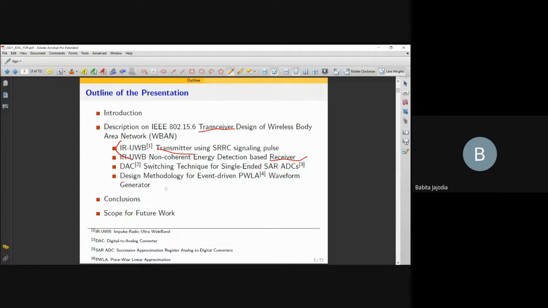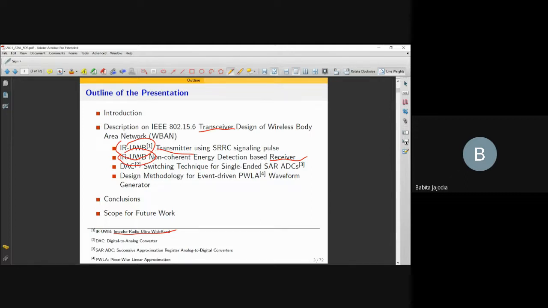But if you note closely, we will be discussing it with respect to IRUWB, and the full form of IRUWB is Impulse Radio Ultra Wideband. The standard 802.15.6 has given various frequency domains, like narrowband, IRUWB, as well as the frequency modulation part.